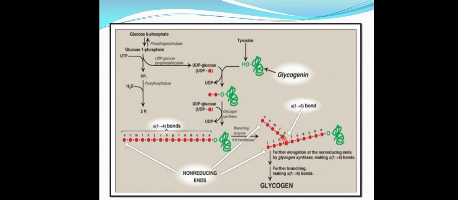This glycogen synthase enzyme is responsible to continuously add glucose monomers to the non-reducing ends of the glycogen chains, and in this way there is the synthesis of glycogen. Within the synthesis of glycogen from glucose, only one molecule of ATP is utilized. So here is the overall process of glycogen synthesis.